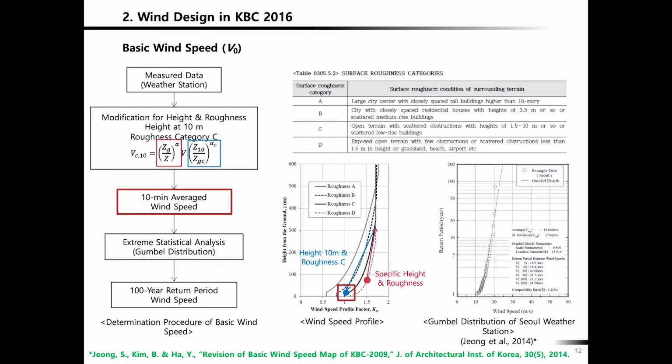You measure that wind speed during the typhoon, and it's large, but you don't know what size of typhoon comes, what kind of frequency, what kind of period. So using the Gumbel distribution, a probabilistic approach, you can predict the 100-year return period wind speed.